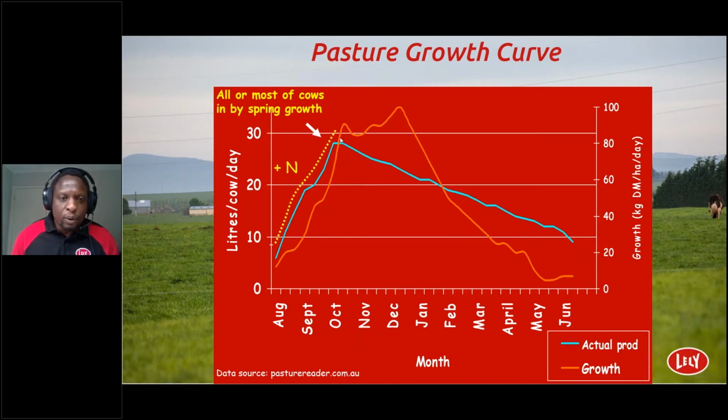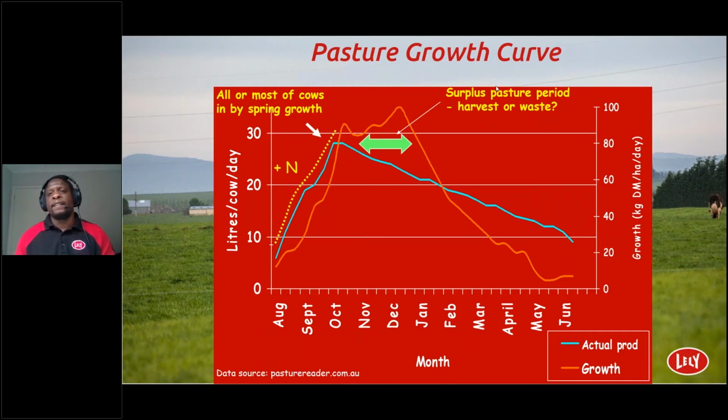For example, this point here on my graph, you might be 2 or 3 months off this graph. It doesn't matter. I'm talking about principles here, and principles are the same. And during peak pasture growth, surplus pasture can be harvested if identified.